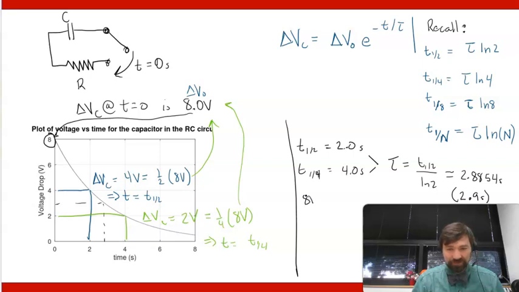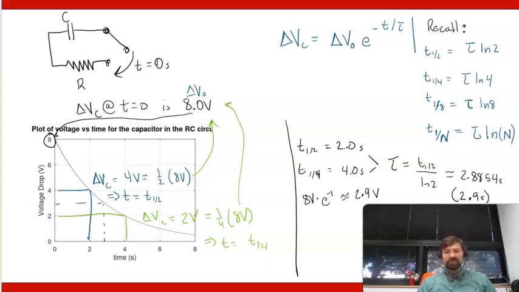So 8 volts times e to the -1 is about 2.9 volts. And looking here, we are pretty close to midway between 2 and 4, so this is credibly 2.9 volts.